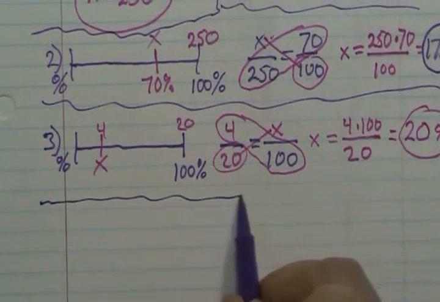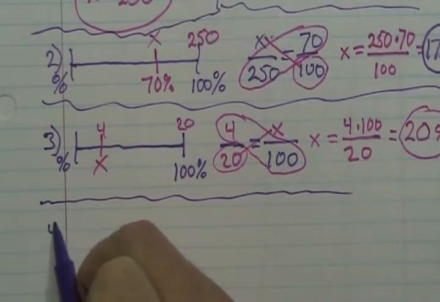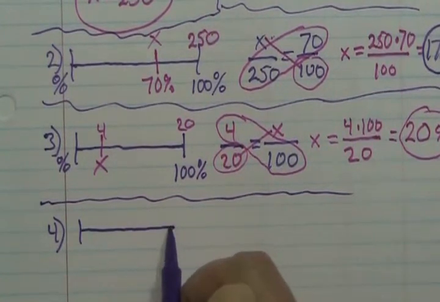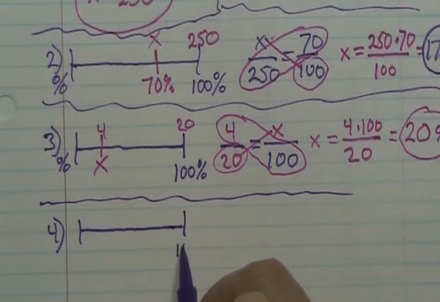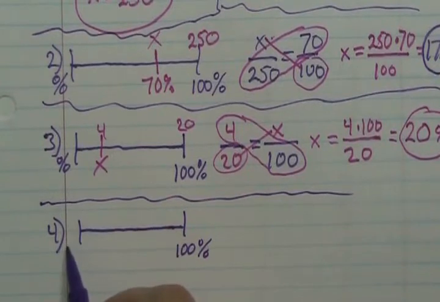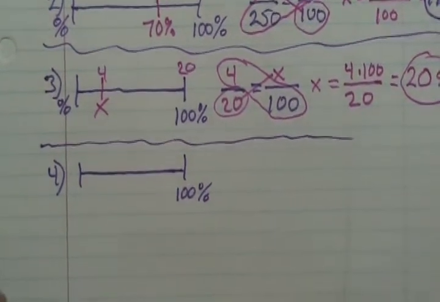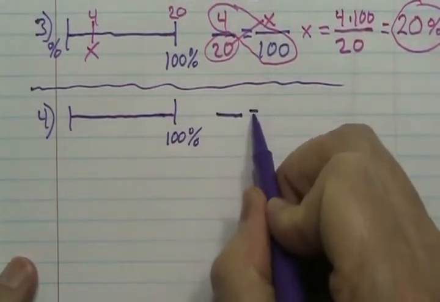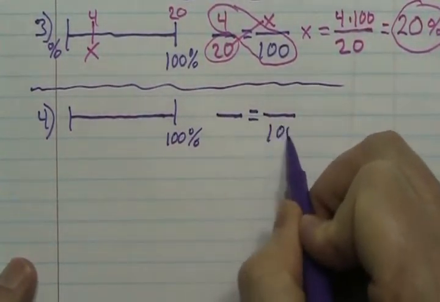Okay, I'm just going to kind of separate this so it doesn't get mixed up. Here's number 4. I make the model. 100%. Right? If you don't want to put the percent sign anymore down here, that's fine. Okay, I'm just going to get my proportion ready. 100's down here.